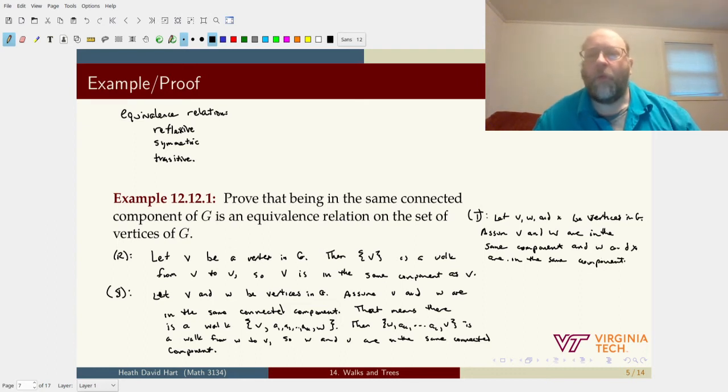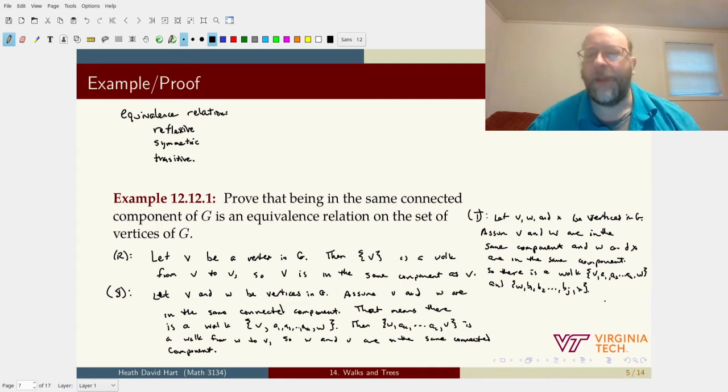So that means there is a walk from V to W, and then there's a walk from W to X. So there is a walk that starts at V and ends in W. It may take some intermediate steps. And a walk from W to X. And again, it may have some intermediate steps. There you go.